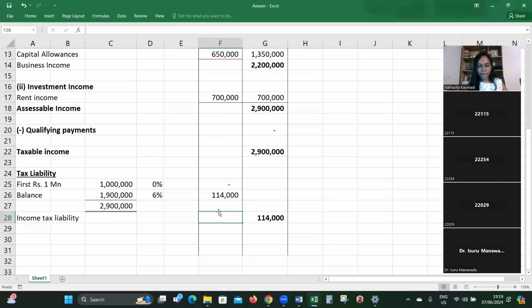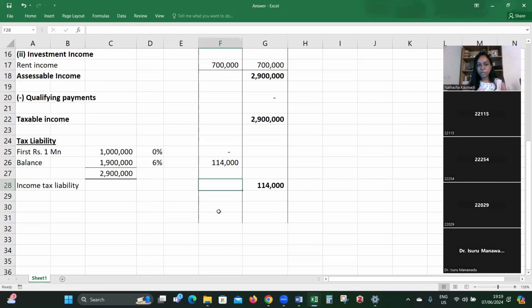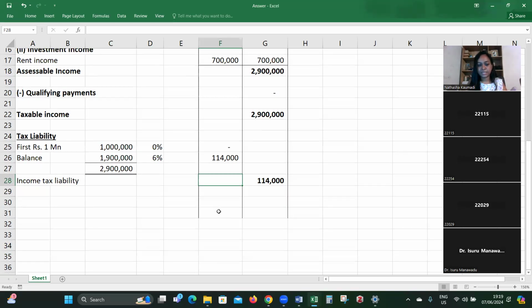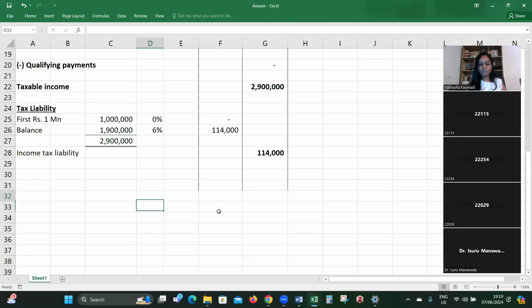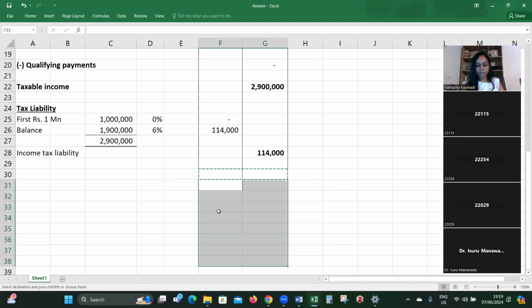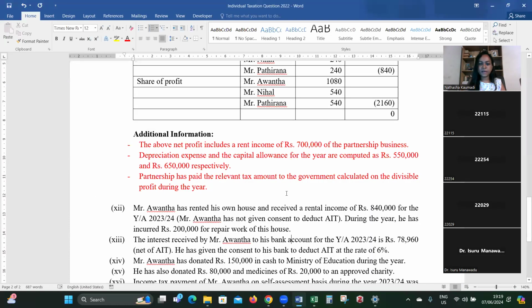Now, the important part: now we have to distribute this income and the partnership taxes. For that, I'll be using a format like this, right? Now, how many partners do we have in this partnership? Who are the partners? We have Mr. Avantha, Nihal and Patirana. Yes, Avantha, Nihal and Patirana.